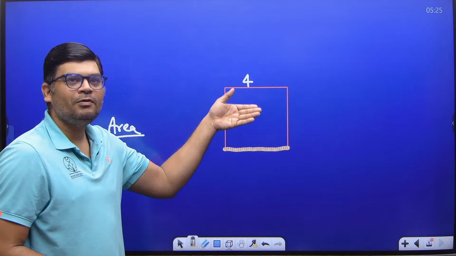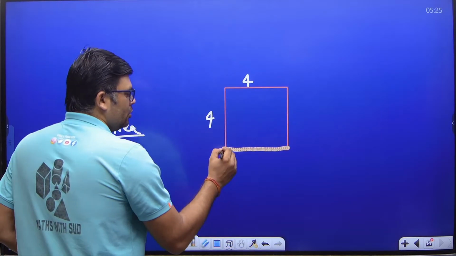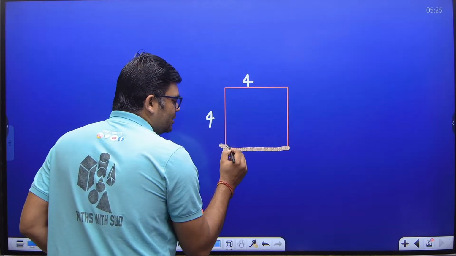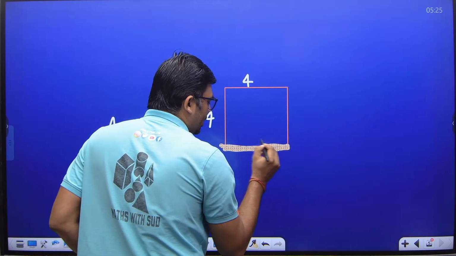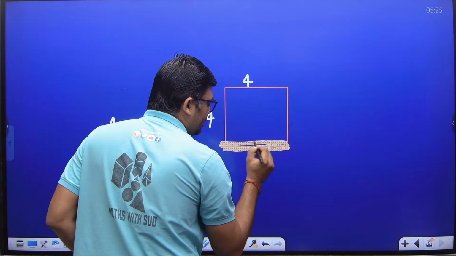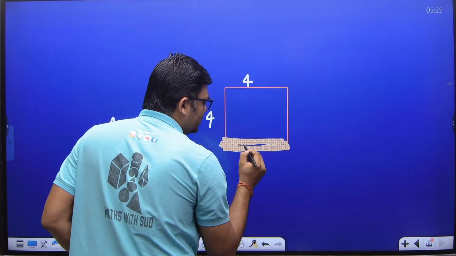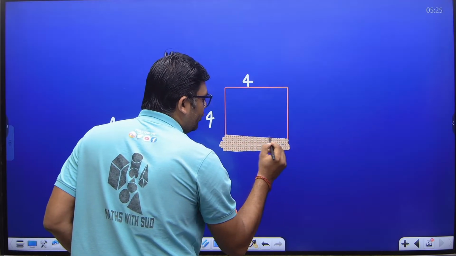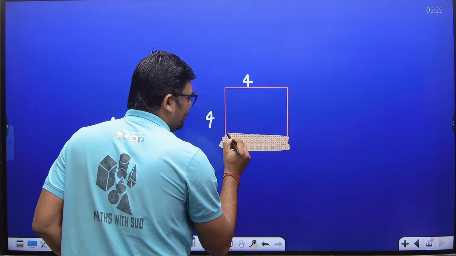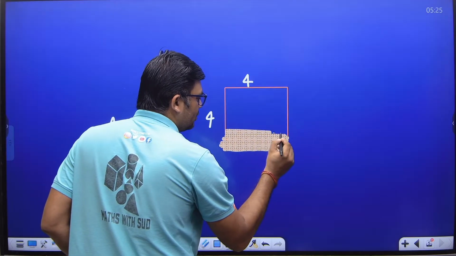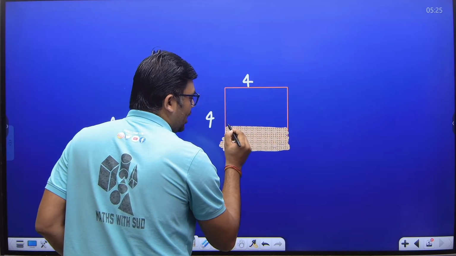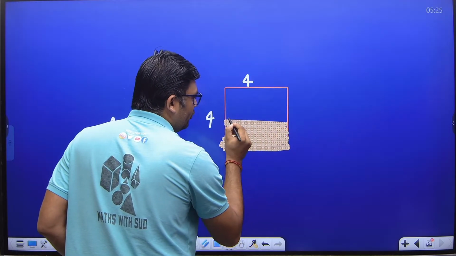All right. But is it fully painted? No. So again I will start from the next line. Again I will start from the next line. Again I will start from the next line. So you see that 4 is being continuously added. I am painting 4, 4, 4.